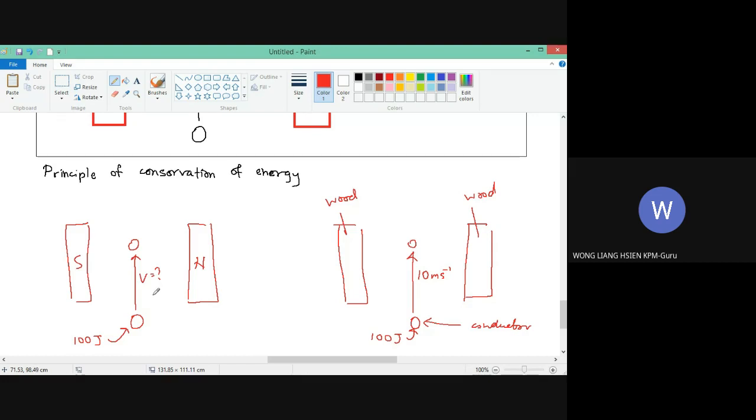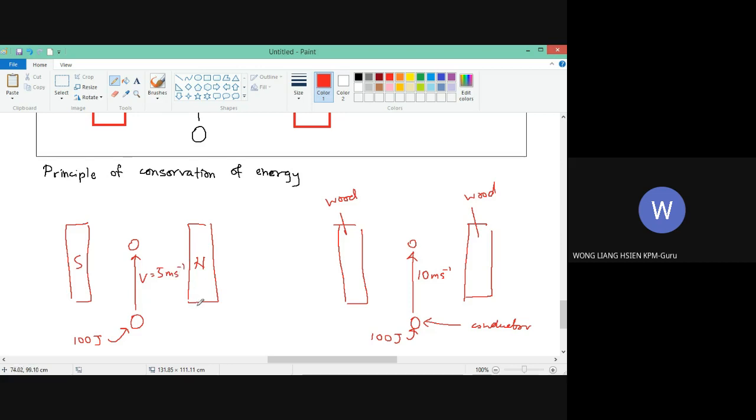The answer is no. The velocity of the conductor will not be 10 meters per second, same as this one. The velocity will be slower than 10 meters per second. Let's say the velocity is only 5 meters per second.